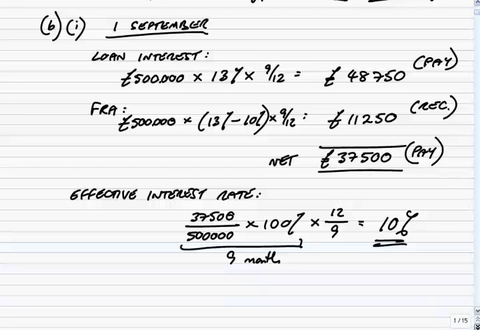One small point, I'd be silly not to mention it, is although the net cost is $37,500, the interest on the loan, usually, you pay the interest at the end of the loan. That's not a rule, it depends obviously on the agreement, but normally you would expect to be paying the interest at the end of the loan when you repay the money. The FRA, though, usually that will be settled up at the start of the loan.